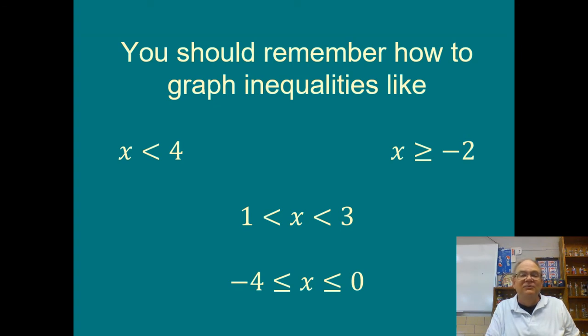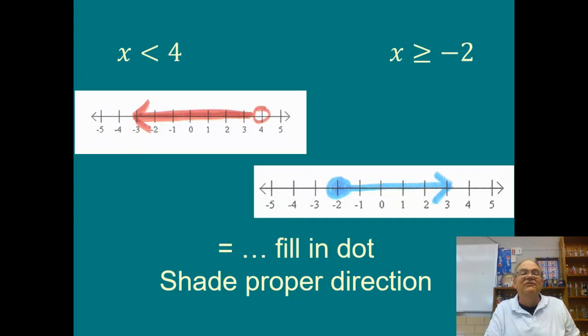Clear back in Algebra 1, you learned how to graph stuff like x is less than 4 or x is greater than or equal to negative 2. And I've got a couple of other ones that are more advanced than that, but they're still not difficult. You should know that if you had something like x is less than 4 on a number line, it's going to look like what I have on the left, and x is greater than or equal to negative 2 looks like what I have on the right.